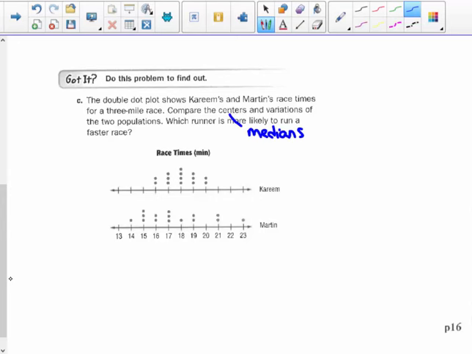Which runner is more likely to run a faster race? But actually, you know what? I'm changing my mind. I'm going to ask you to find the mean of these two. Find the medians and the means of these guys and make a conclusion. Which runner is more likely to run a faster race? And that's it for today.